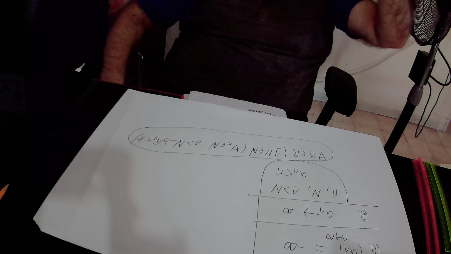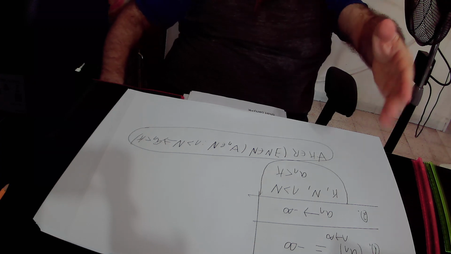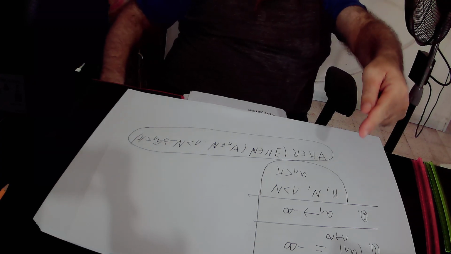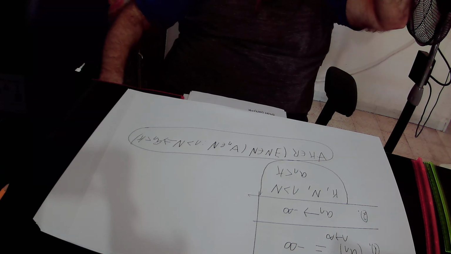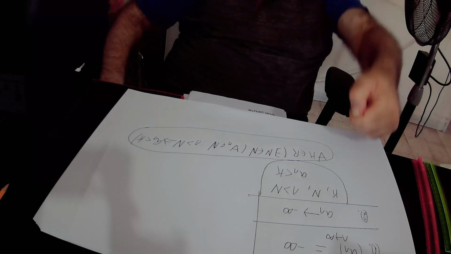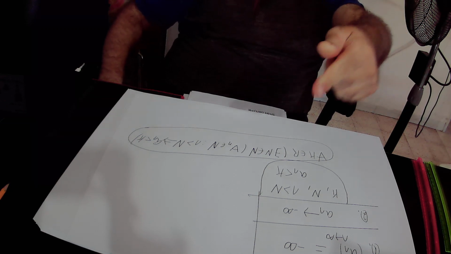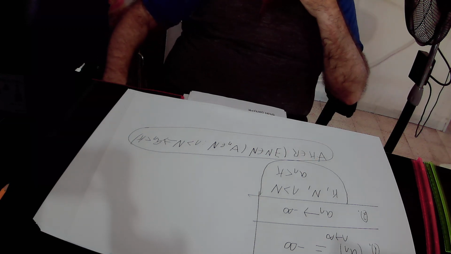Why? Because the terms of the sequence an when n tends to infinity are smaller than any real number that you wish, and therefore the limit of this sequence an will be equal to minus infinity.